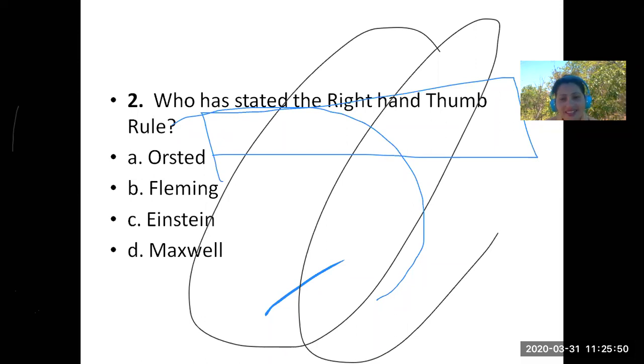Orsted is the one who showed that a current carrying conductor can produce a magnetic field. Fleming has given the left hand rule. Maxwell has given the right hand thumb rule only. And after the generator, you are going to get Fleming's right hand rule. So be clear with the thumb rule and the left hand rule.